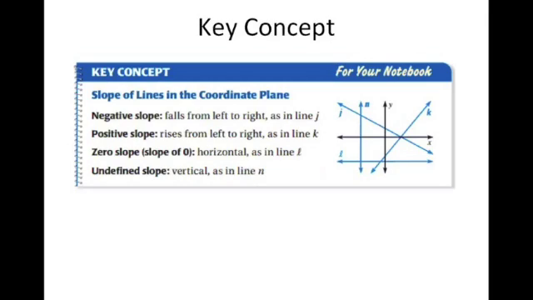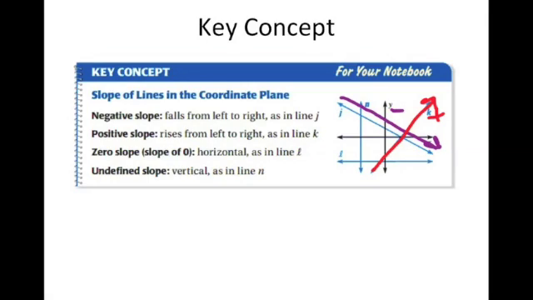Alright, couple key concepts also from Algebra 1 days. You remember that the slope of a line that falls or goes downhill from left to right is negative. So this line that goes downhill has a negative slope. The lines that go uphill have a positive slope.